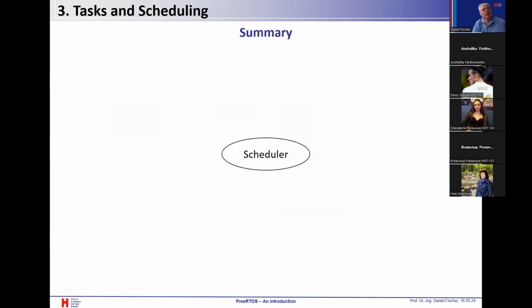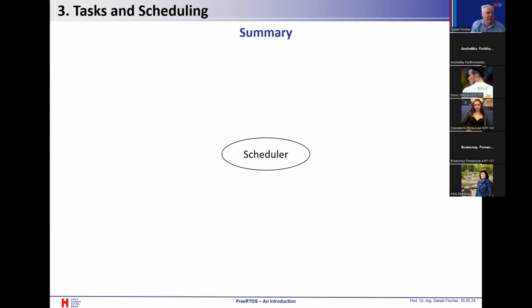As a summary of this task and scheduling chapter, creating a task is very simple. Implementing a task is also normally very simple. But the complexity is that you don't have one file or one function where you configure the whole scheduling.